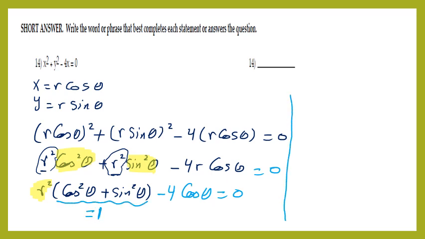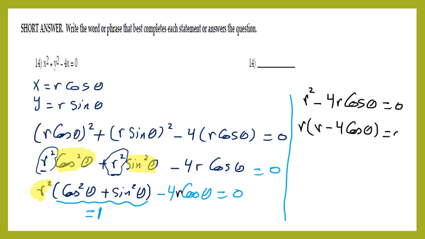So the equation now is r squared minus 4r cosine theta is equal to 0. So I can take r again as a highest common factor. It's going to be r times r minus 4 cosine theta is equal to 0.